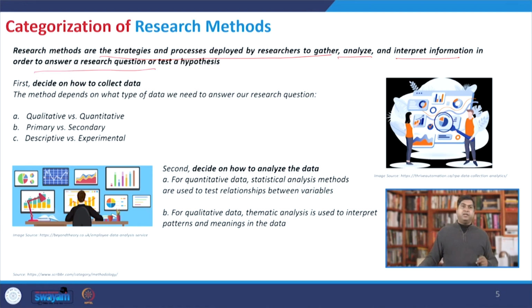We will have another lecture where we'll discuss the research process, and within that one particular step is called the research question. Suppose today you enroll yourself into a PhD program or a master's program, and you want to do research. First of all you have to think of a broad idea, and then you have to find out the research need and the research gap.